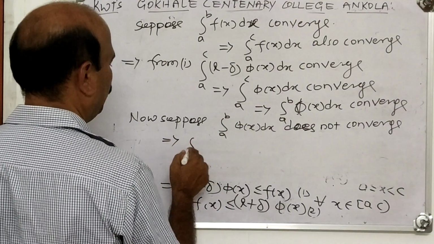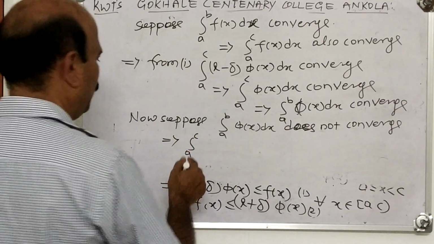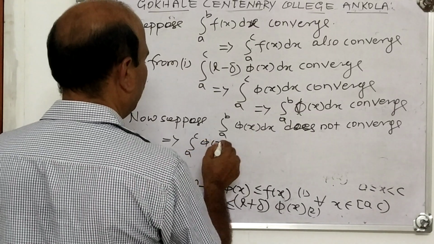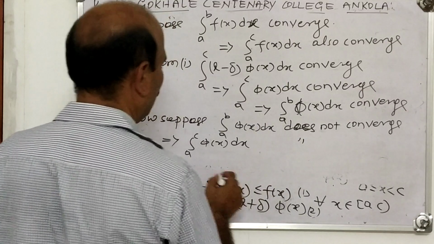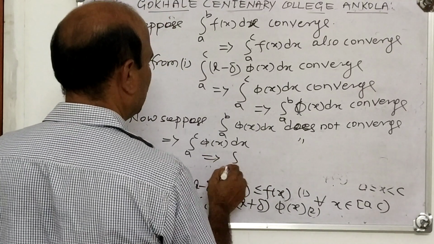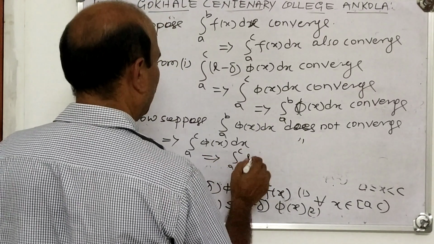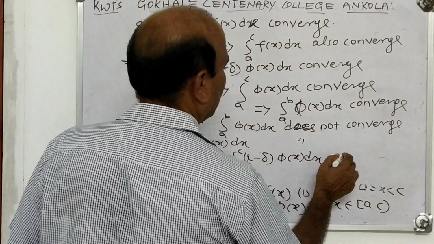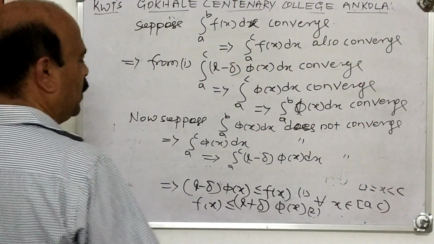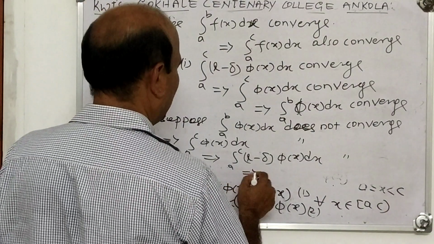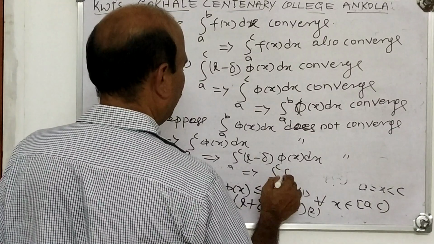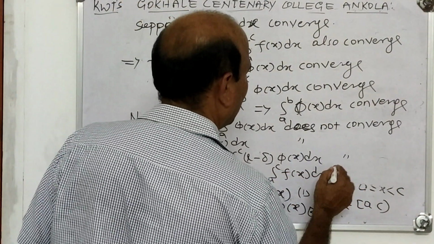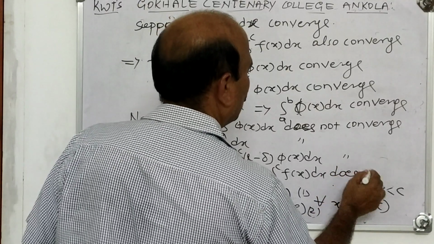This implies a to c pi x dx does not converge. This implies a to c L minus delta pi x dx does not converge. This implies a to c fx dx does not converge.